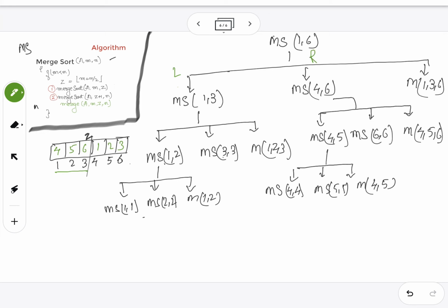Again for this part, this is the left and this is the right array that we are talking about. Then again for this, this is the left and this is the right part.